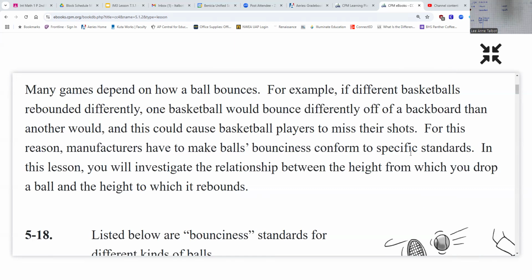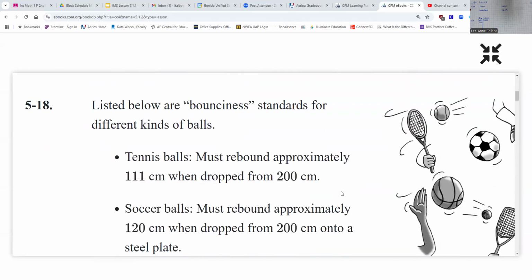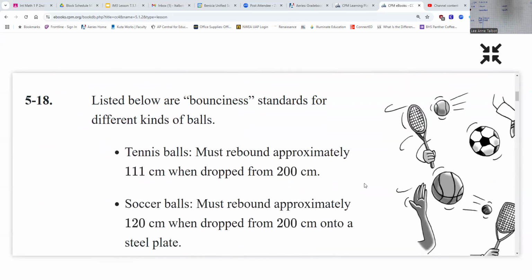He already said that he did this, but they told the equipment manager to deflate the balls a little bit so that it would be easier to catch. They got a lot of trouble and they got suspended from the NFL for a long time because of it. But anyway, every time I read this problem, I think about that because they were cheating to change the bounciness of the ball.